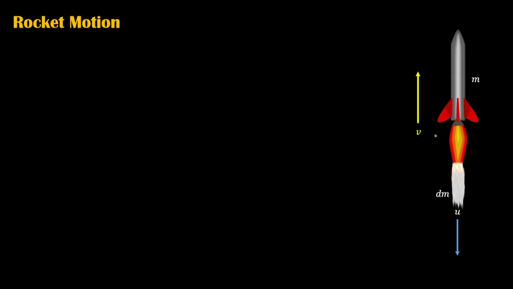As the hot gases escape in a downward direction, according to the momentum conservation principle, the rocket body acquires equal and opposite upward momentum. And that is the basic principle in the lift off of rockets.